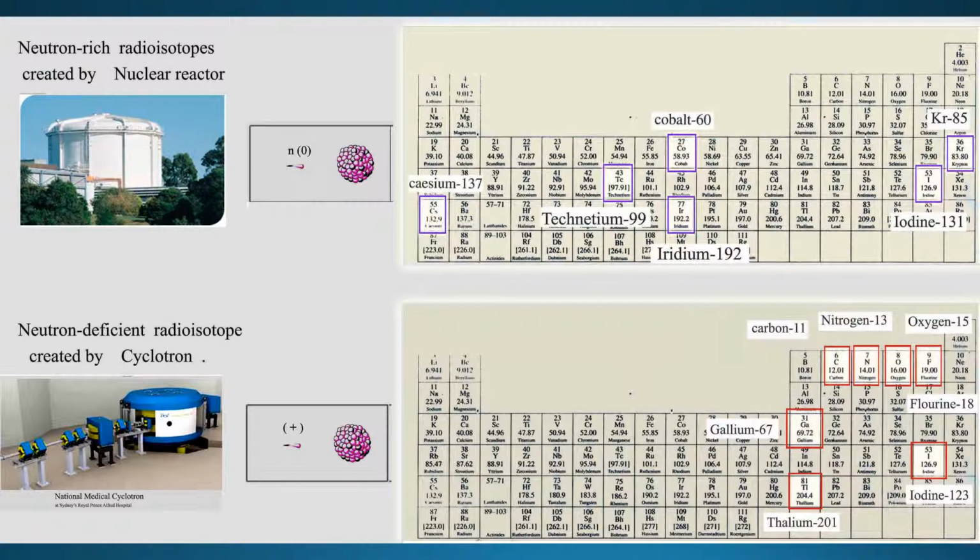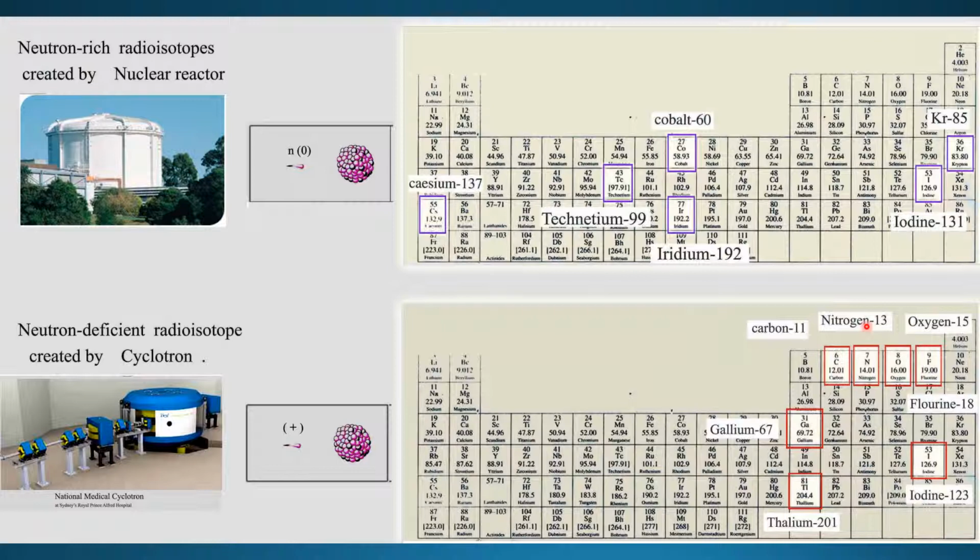The bottom one. Let's look at those neutron-deficient radioactive isotopes made by cyclotron. Carbon should be carbon 12. You got carbon 11, unstable, too few neutrons. Nitrogen should be 14, stable.